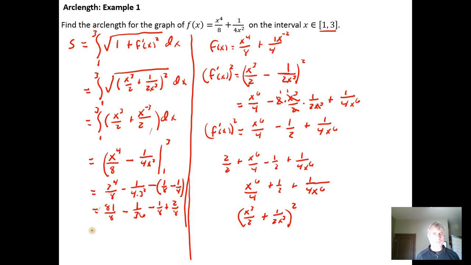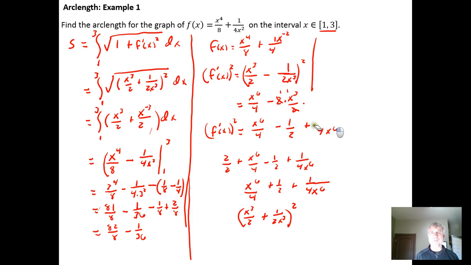So doing the stuff first with the common denominators, we get 81/8 minus 1/8 plus 2/8 is going to be 82/8 minus 1/36.